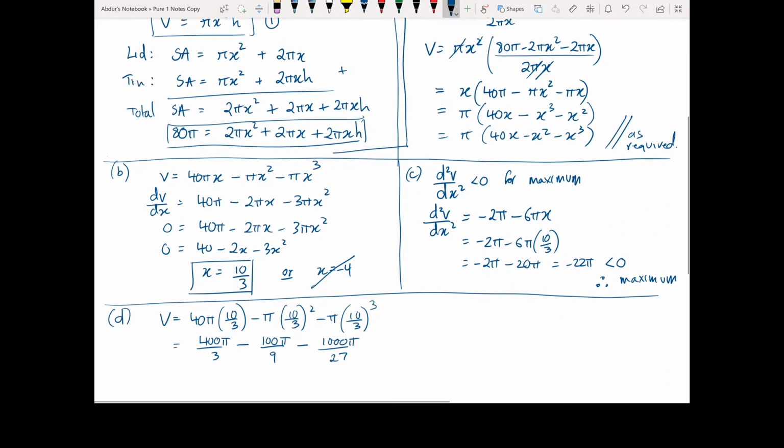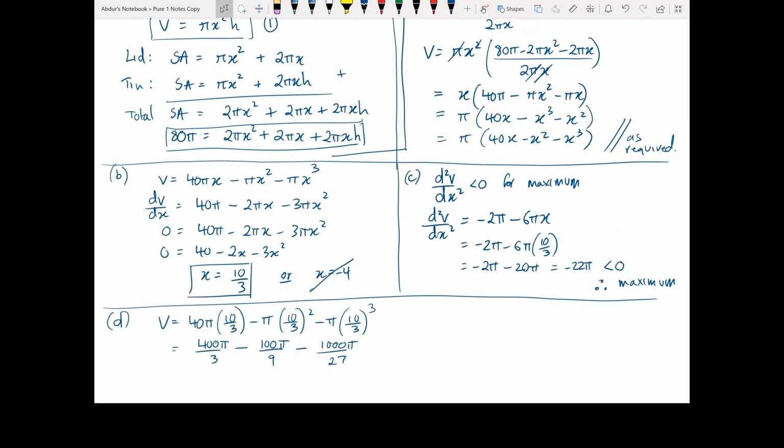And so if we then type all of that in, we get 400 over 3 pi minus 100 over 9 pi minus 1000 over 27 pi.